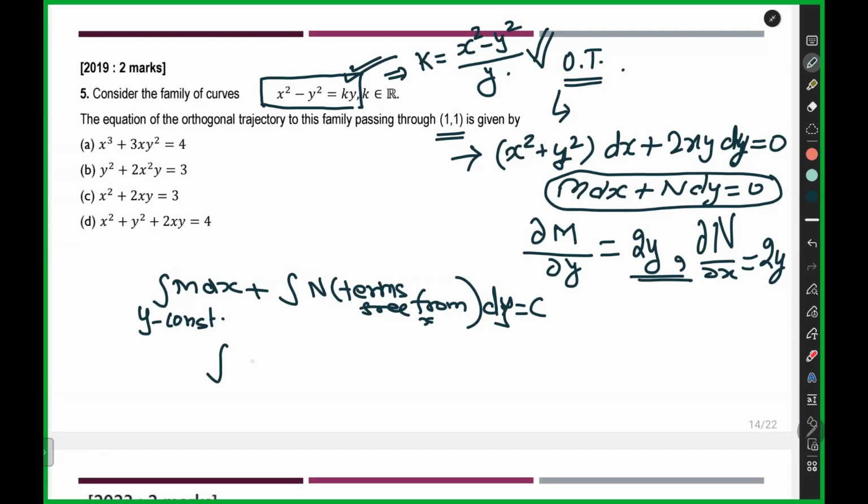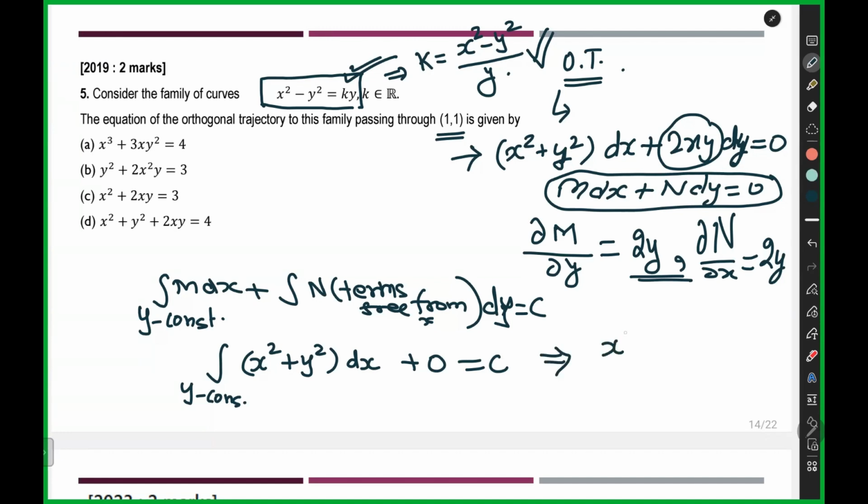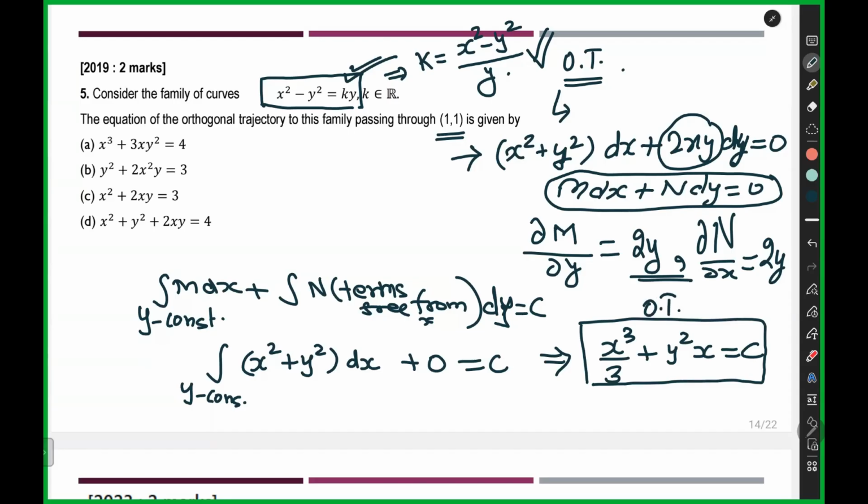So here we take x squared plus y squared dx, and the terms free from x are 0, equals c. Here y is treated as constant, so it is nothing but x cubed by 3 plus y squared x equals c. This is the orthogonal trajectory of this family of curves.